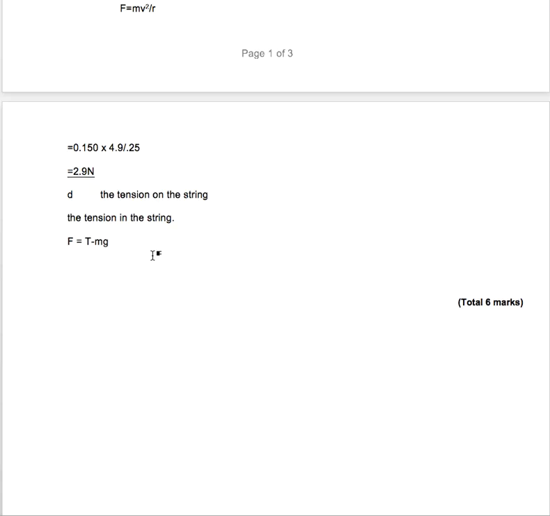So rearranging the equation, we have T is F plus mg.